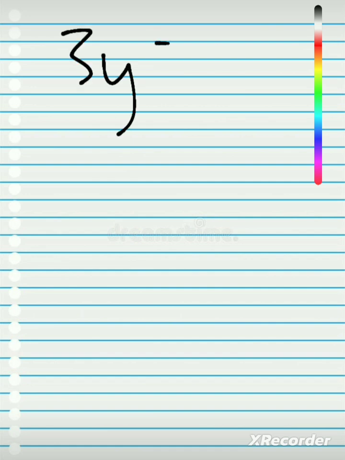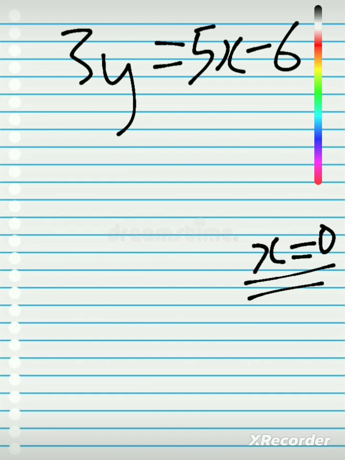So for this one, 3y equals 5x minus 6, for us to know the coordinates, we know one thing. Since they have said where it passes the y-axis, we know that x is 0. The job is to find what y is at that point. So where there's x, we put 0, and we solve for y.